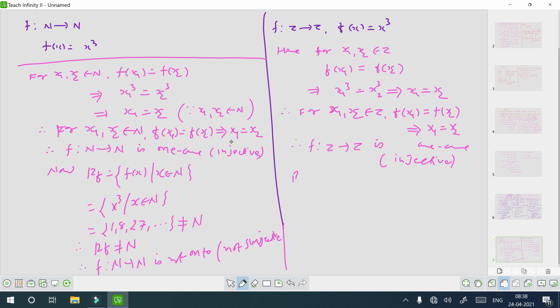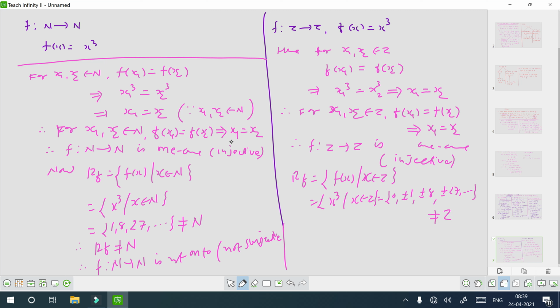Now find out the range of f. F of x, x belongs to Z, is x cube, x belongs to Z, that is equal to 0, plus or minus 1, plus or minus 8, plus or minus 27, likewise.